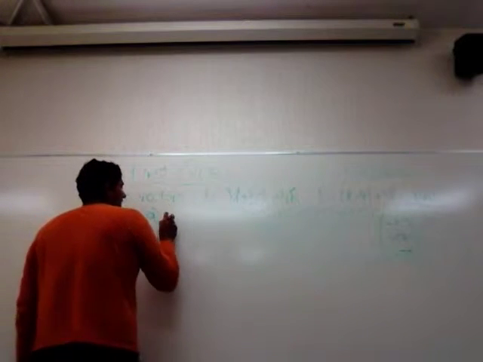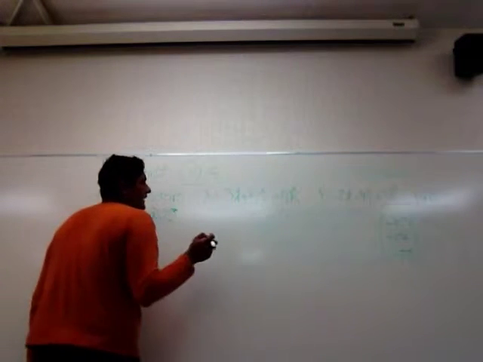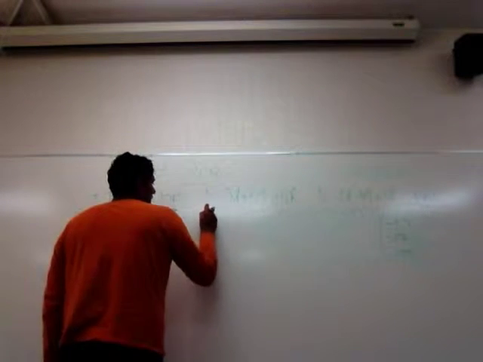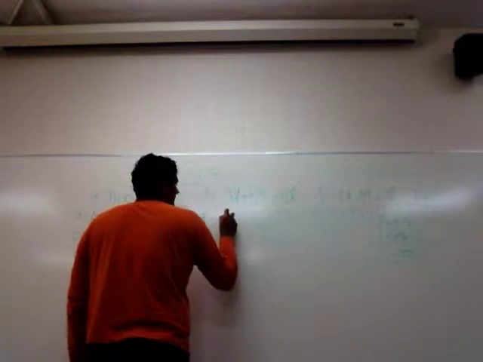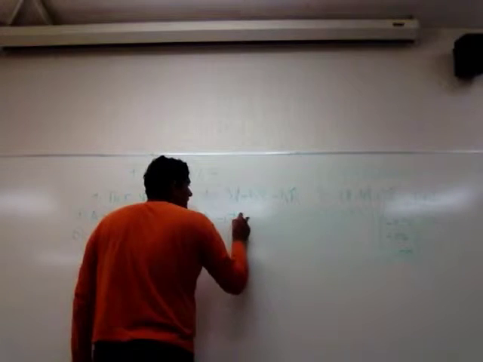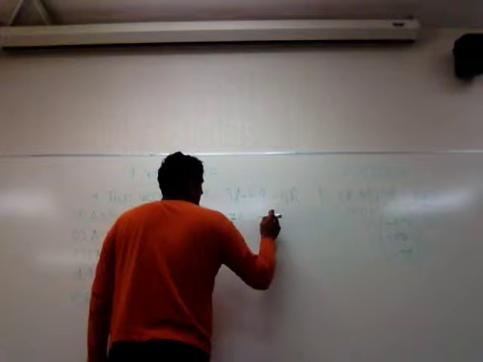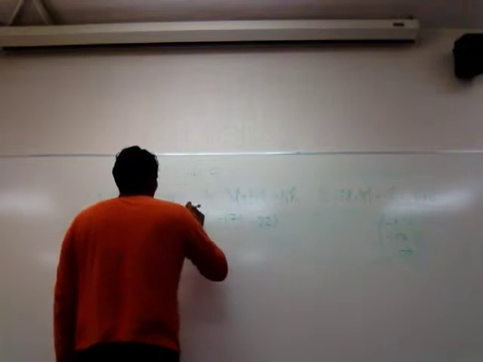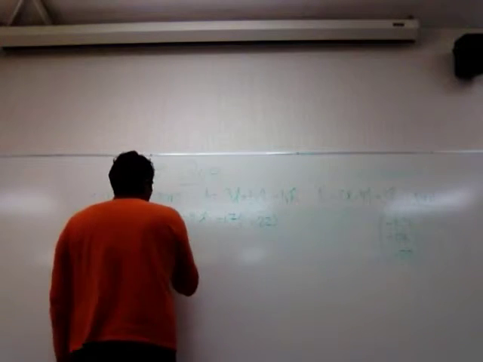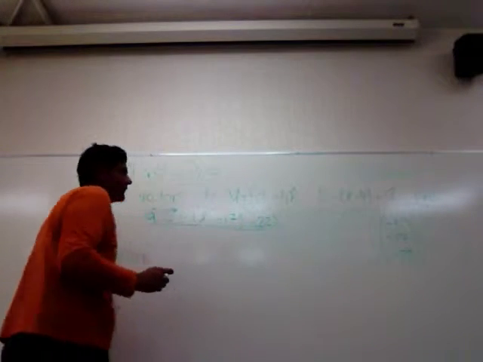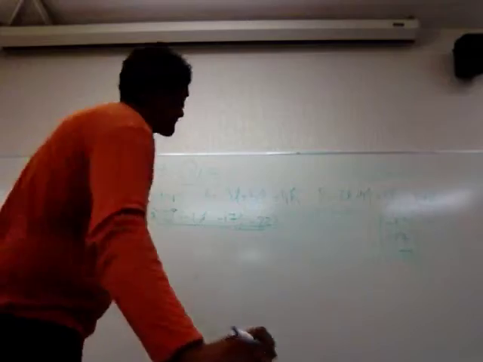Our new vector, that is the vector C, it's minus 1, minus 17, minus 22. So this is our vector, this is our result. So we finished the first part.